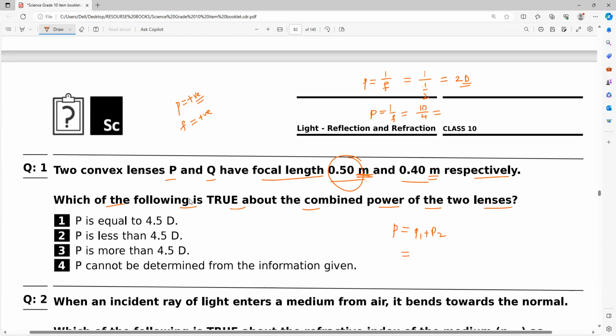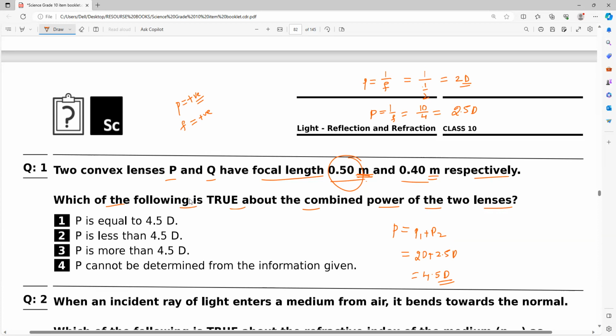Yes, sir. So 2.5 it will come. So the first is 2 dioptres, so I'll write 2 dioptres plus 2.5 dioptres, which is equal to what? 4.5 dioptres. So what is the correct option? P is equal to 4.5 dioptres.